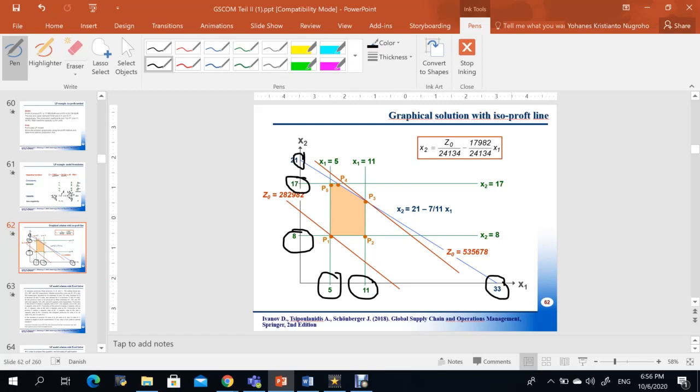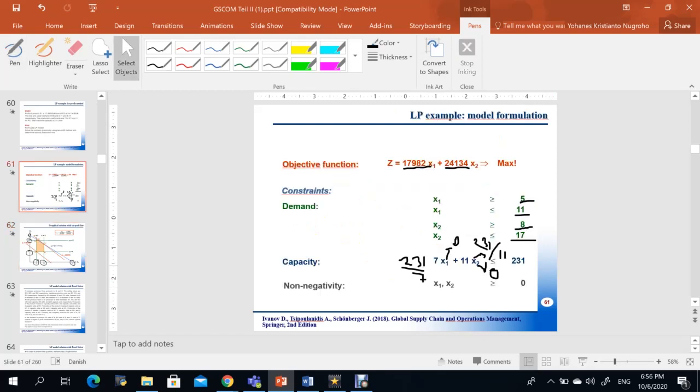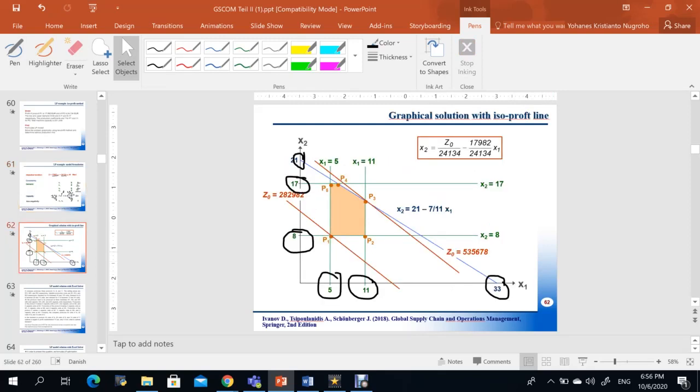Now what is the next step? The next step is that because all variables should be higher or equal to 0, the feasible solution should be within this region. It is not allowed here, and here also not allowed. Alright, and what next?